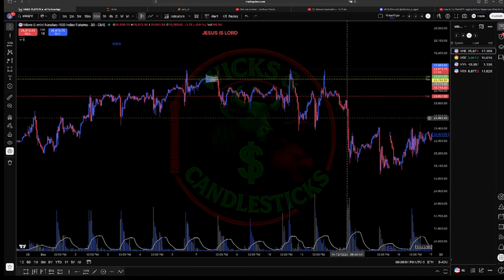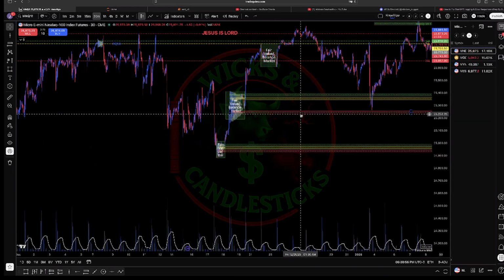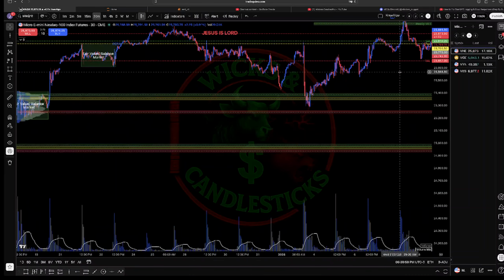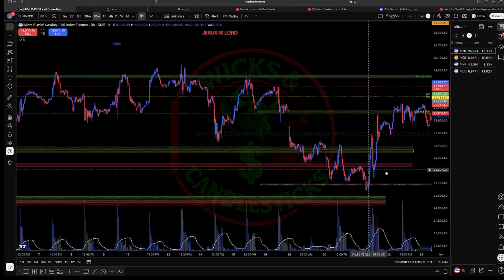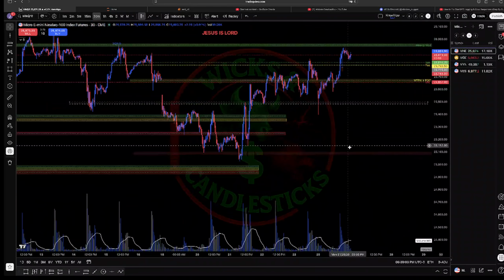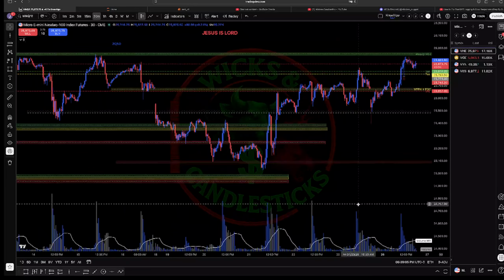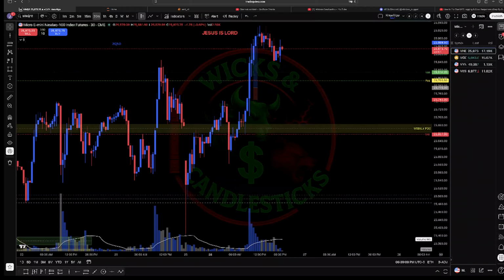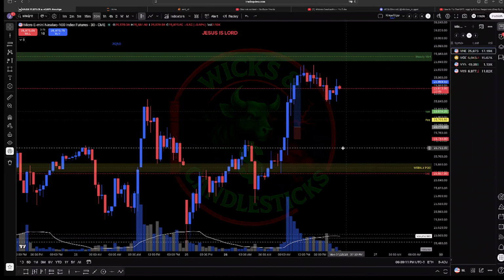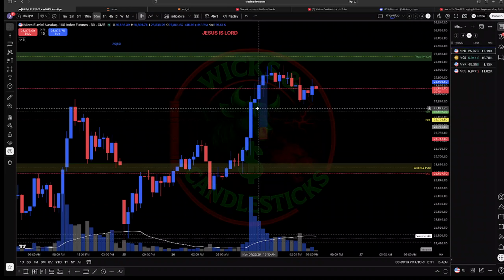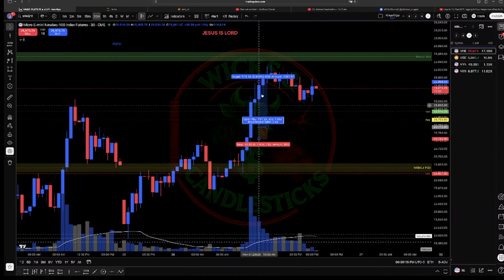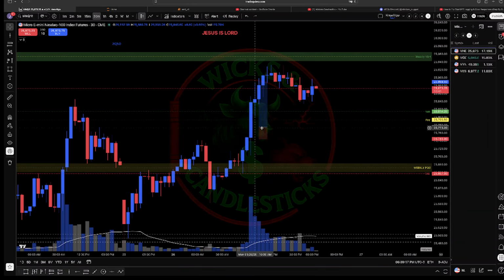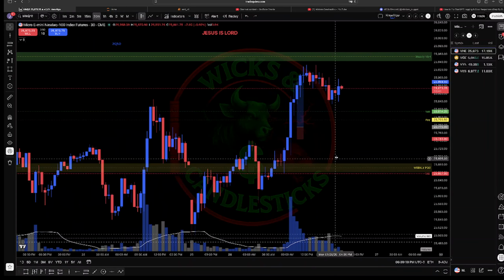So these are just some examples of auction market theory with volume profile. I made a video today of a buy that I got in. If you look through the videos, you will see I believe it's dated the 26th of 2026. This was the buy that I was in.